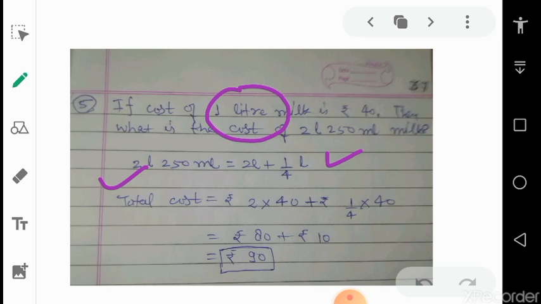Then we want to find the total cost, so we multiply these values by 40. So it is 2 multiplied by 40 and 1/4 multiplied by 40. After simplifying we get rupees 80 plus rupees 10, that is rupees 90. It means the total cost of 2 liter and 250 milliliter milk is rupees 90.